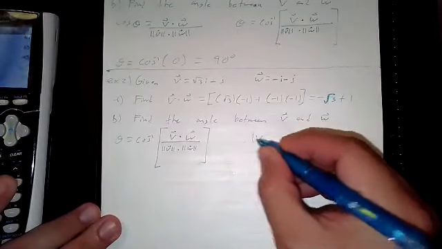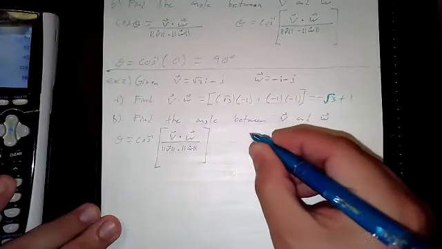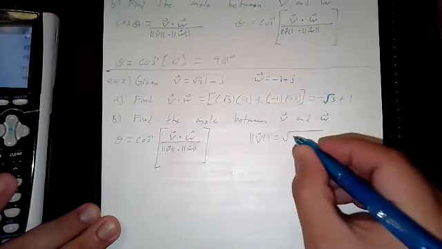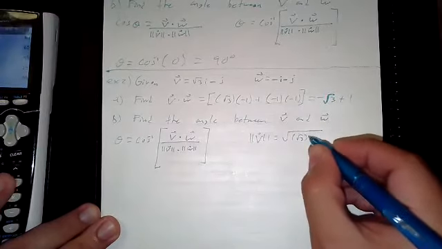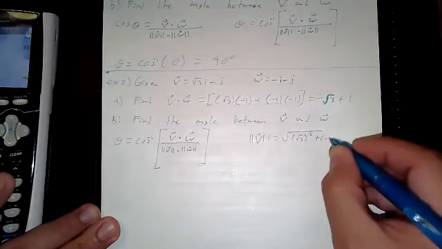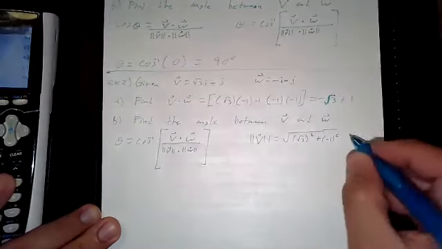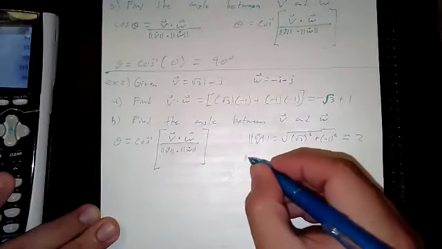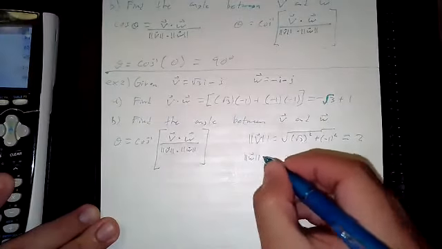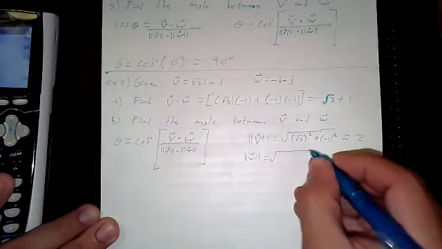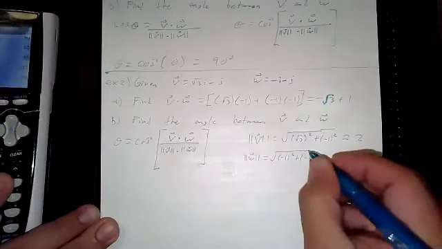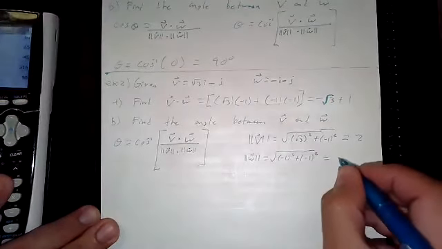So the magnitude of V would be equal to the square root of root 3 squared plus negative 1 squared, which will be 2. Magnitude of W would be negative 1 squared plus negative 1 squared, which will be root 2.